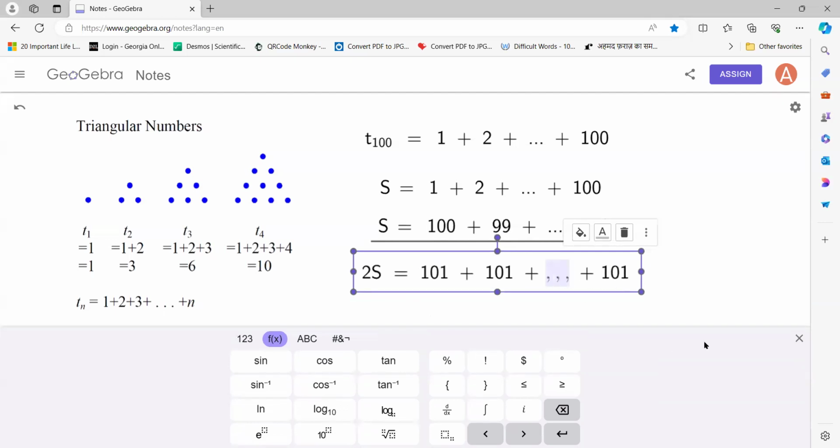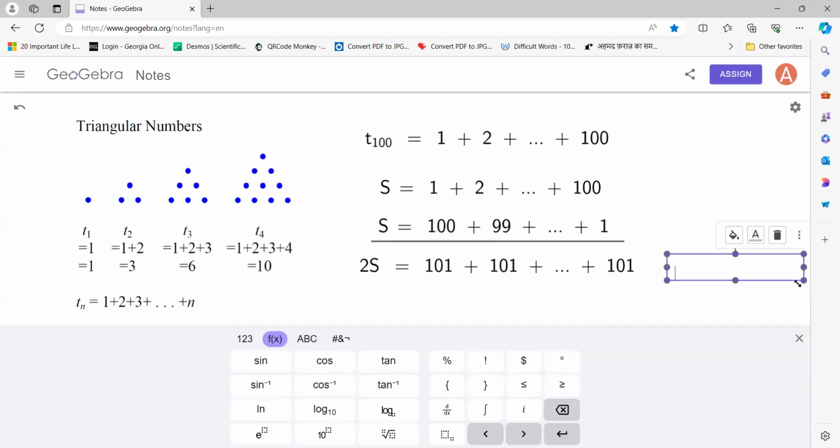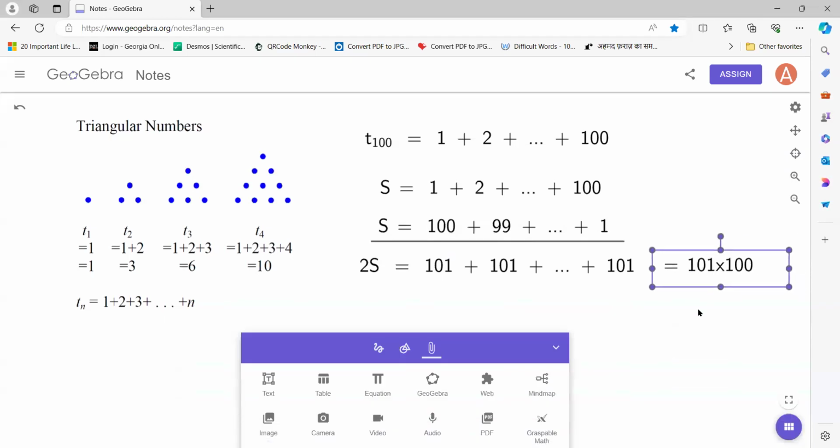Now, this third line turns out to be 101 times 100 because there are 100 pairs. Therefore, S will be half of that.